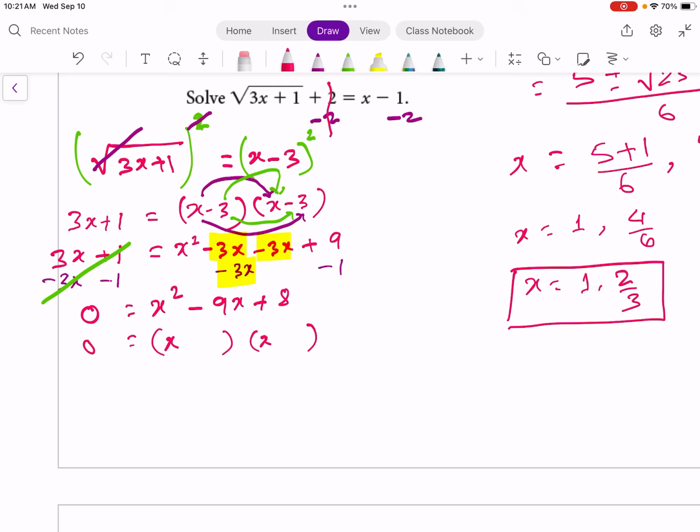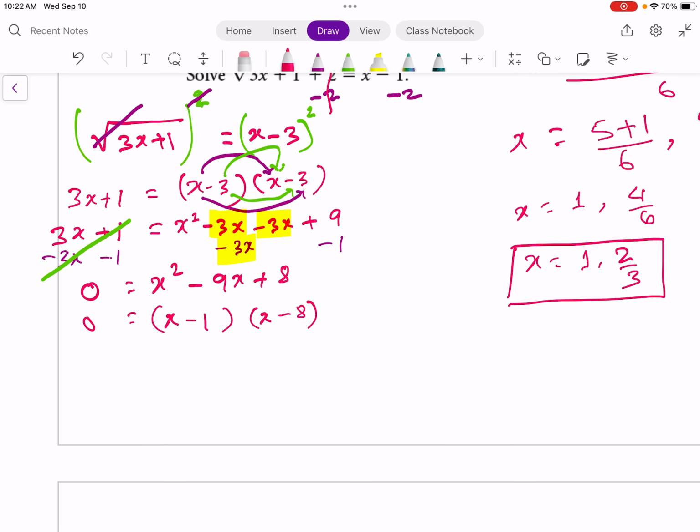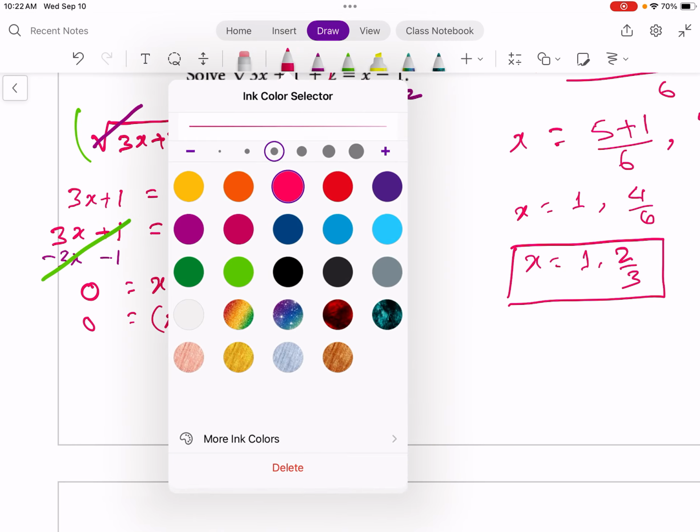Do we know that? Yes, negative 1 times negative 8, that is positive 8, negative 1 plus negative 8, that is negative 9.